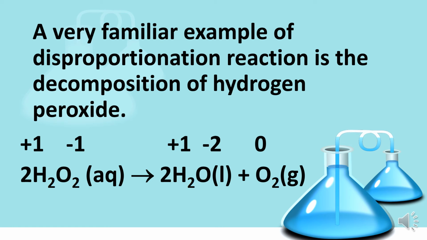In case of water, the oxidation state of oxygen is -2. And in O2, oxygen exists as elemental form and the oxidation state is 0. So this is a disproportionation reaction. Oxygen can show -1, -2 and 0 oxidation state, and this will become an example of disproportionation reaction.